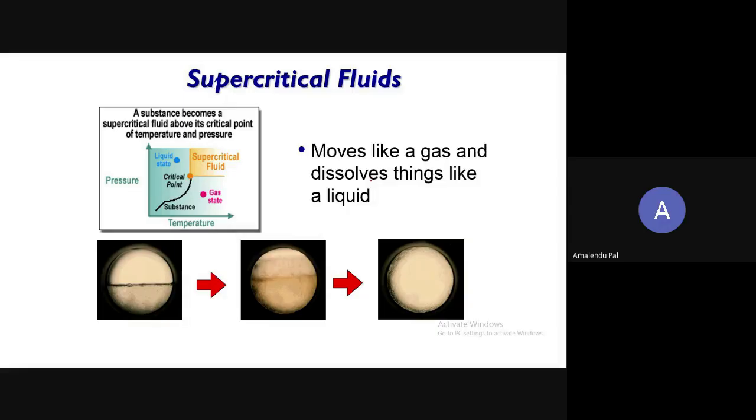A substance becomes a supercritical fluid above its critical point of temperature. This is that critical point of temperature. It is very difficult to prepare a supercritical fluid. We have to consider the cost. We have to consider the availability.